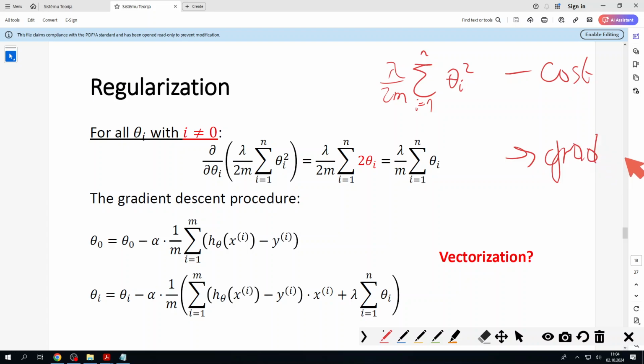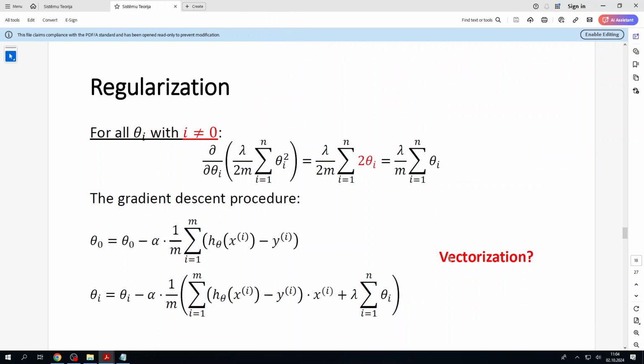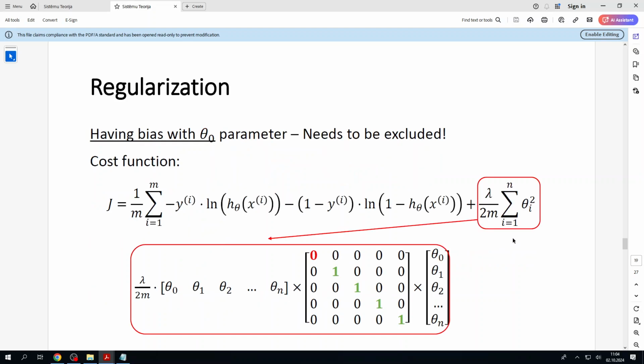Now the question is, how are we supposed to vectorize these, knowing that we don't want to do anything with theta 0? Normally you have a vector of theta parameters which includes theta 0, theta 1, theta 2, theta 3, etc. And we only want to do this regularization for part of the vector, not all of it, yes? So we might as well point that out for this kind of problem, and do it like this.